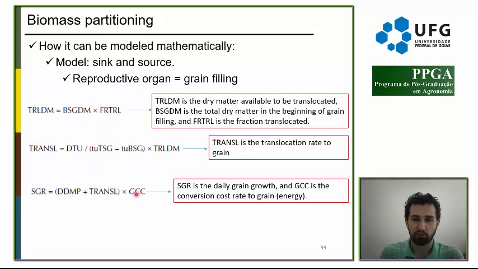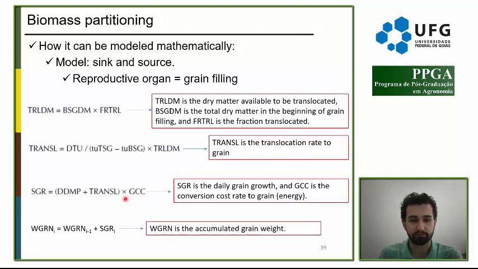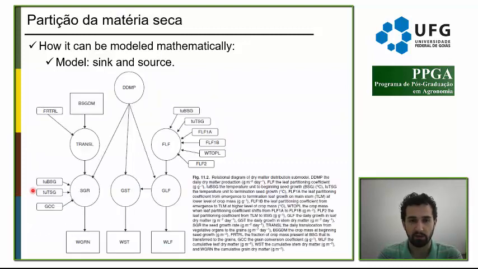I have these two, multiplied by the conversion cost, for example, from leaf and stem material to grain, and the cost from the base component to the chemical composition of the grain. And in the end, the actual grain weight is the previous day's value plus the new biomass that is put in the grain.